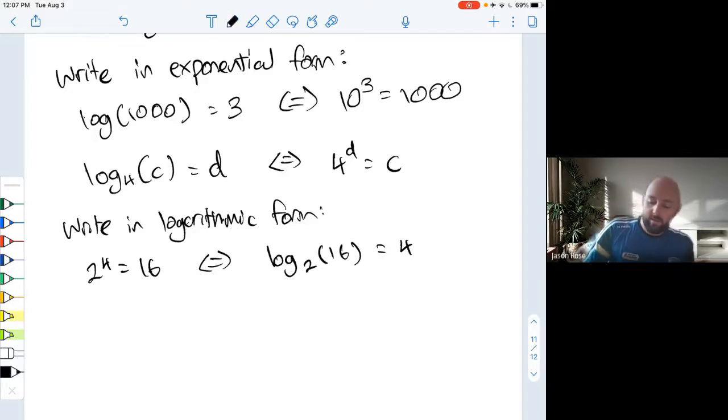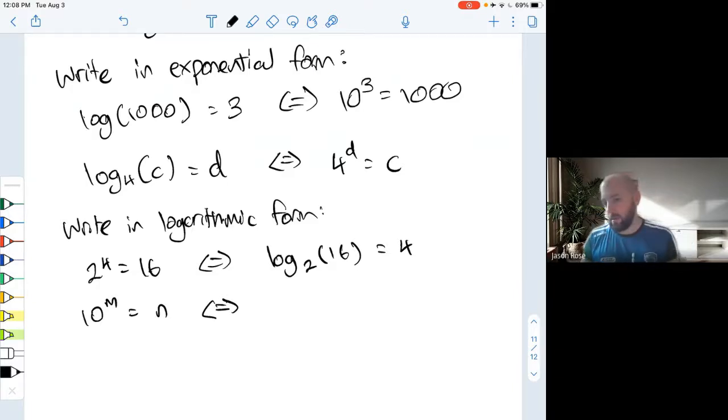And let's say I have 10 to the power of m equals n. Can someone write in the chat for me how I'd write this in log form? Or unmute if it's easier just to speak it out.